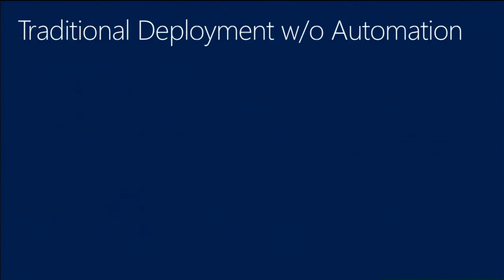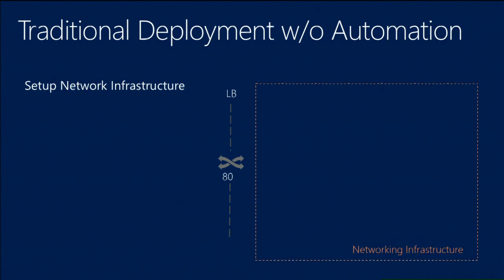So just to beat this dead horse a little bit, I want to compare and contrast an automated deployment with a traditional deployment. Hopefully everything isn't this bad for real, but if you were to deploy SharePoint in a brand new data center, the very first thing you're going to have to do is set up your network infrastructure. This could mean wiring cables, installing switches, getting dirty, sweaty, all kinds of hard work.